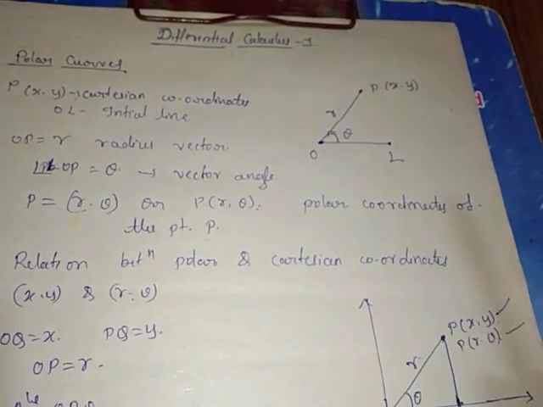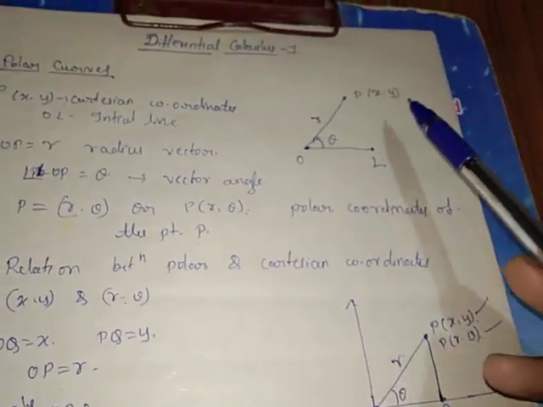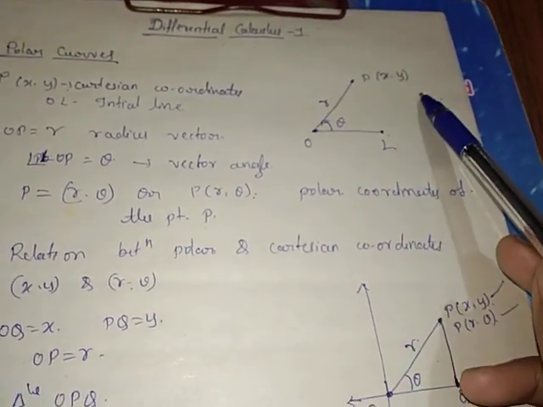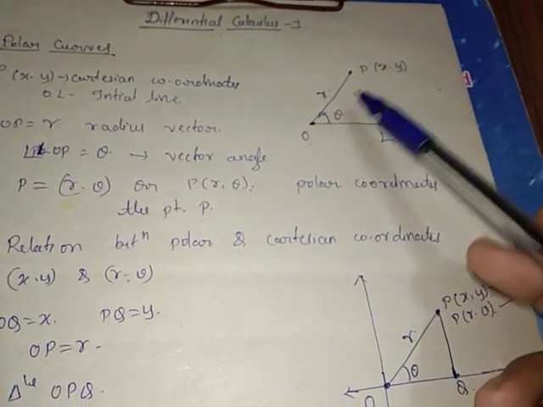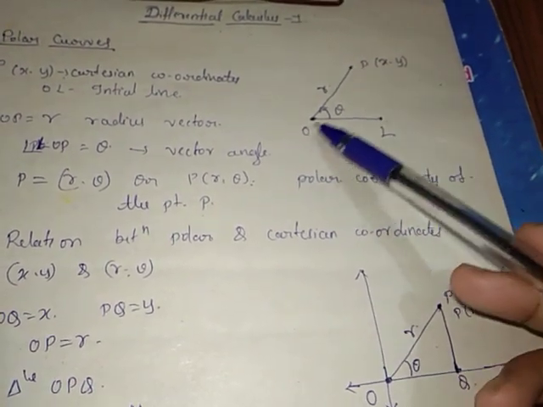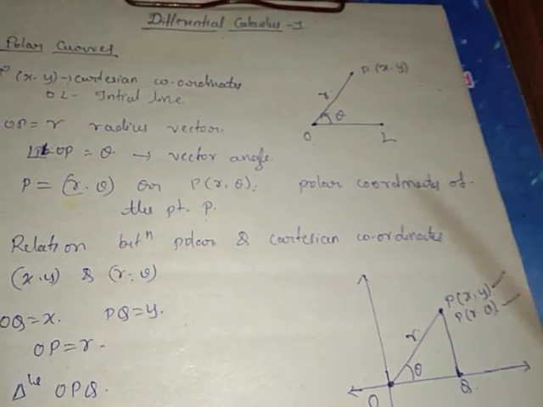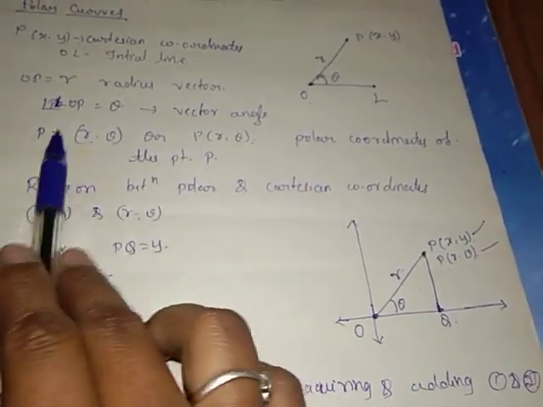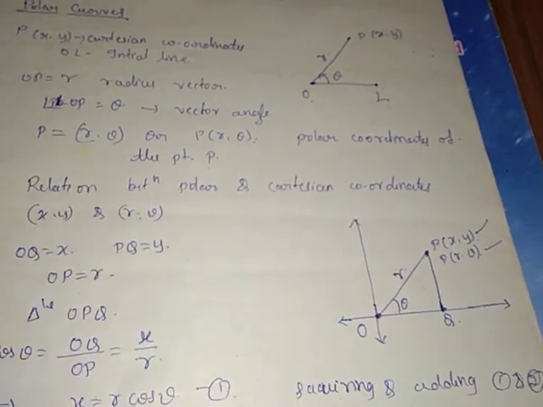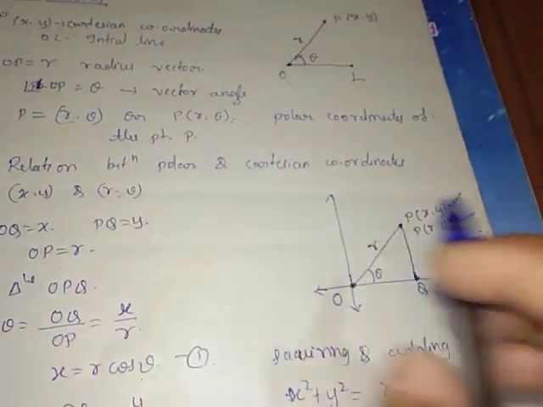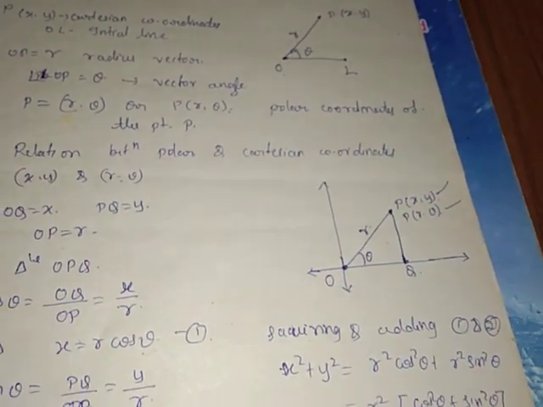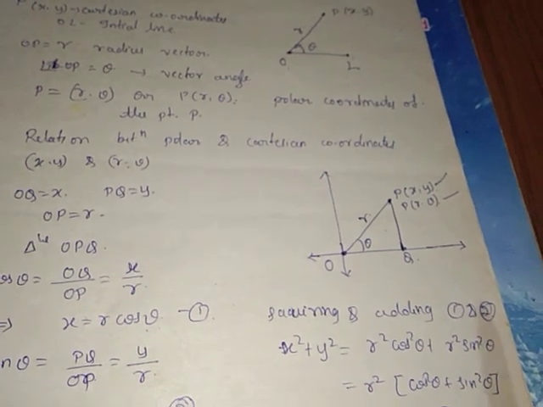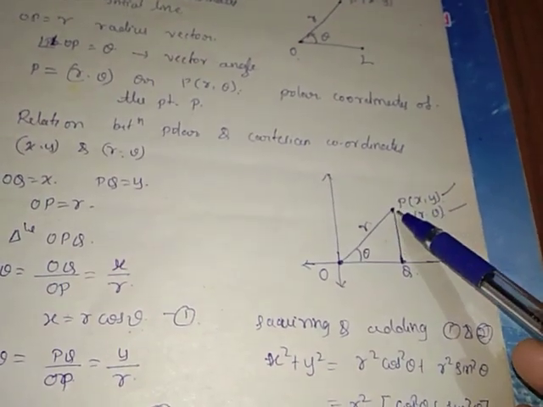Here are the Cartesian coordinates x comma y. OL is the initial line, OP is the radius vector which makes an angle theta. The polar coordinates of the point P are r comma theta. We are going to establish the relation between polar and Cartesian coordinates. Consider a point P in the plane.